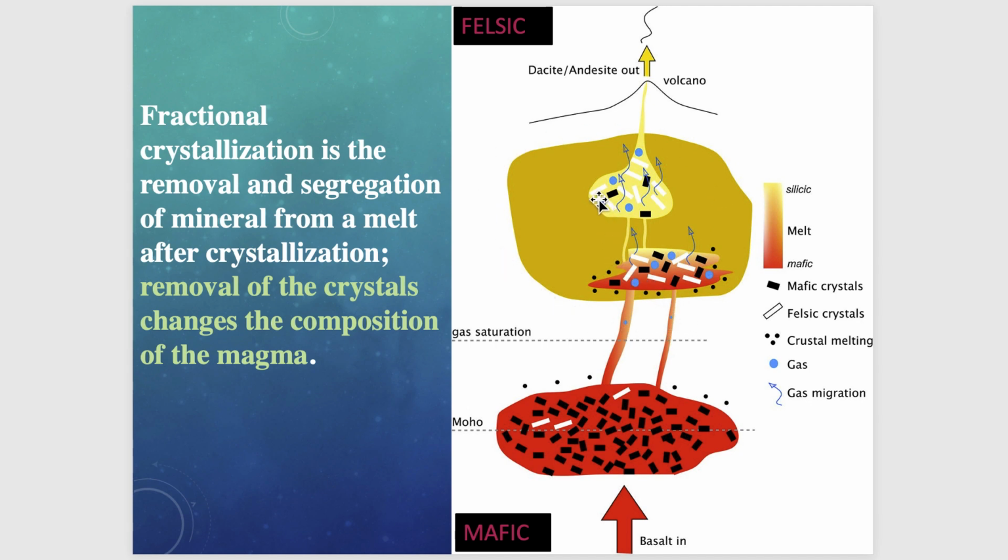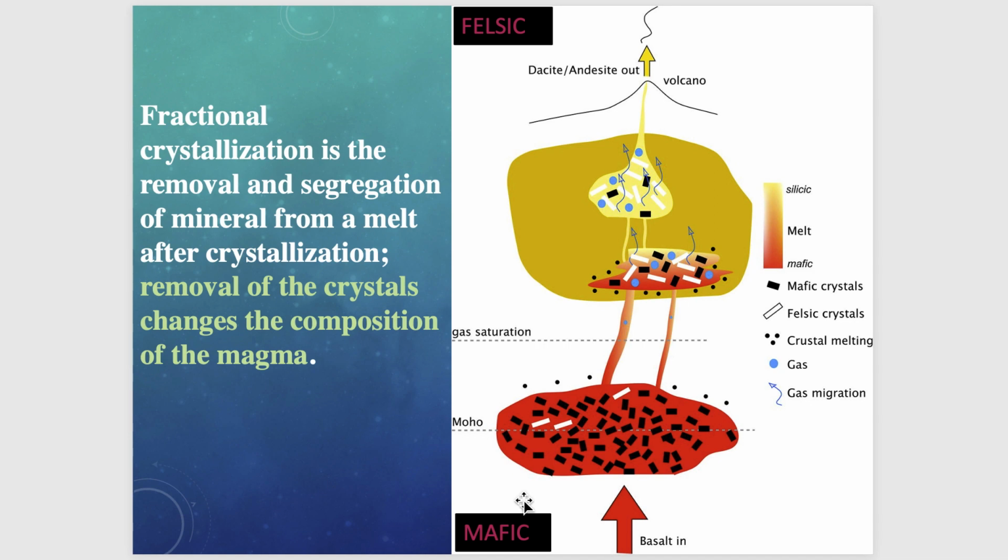You can see more white rectangles in here and fewer black rectangles, more bubbles, so more gaseous phases, which essentially changes the type of activity and the type of igneous rocks that crystallize and form in these other environments.